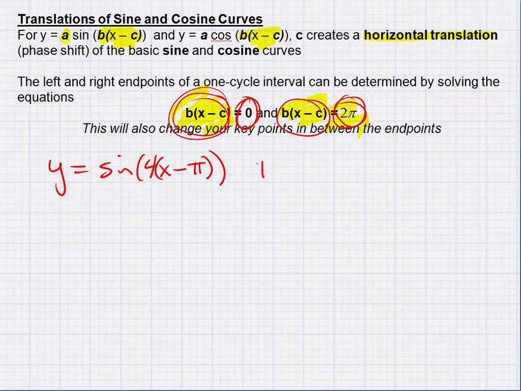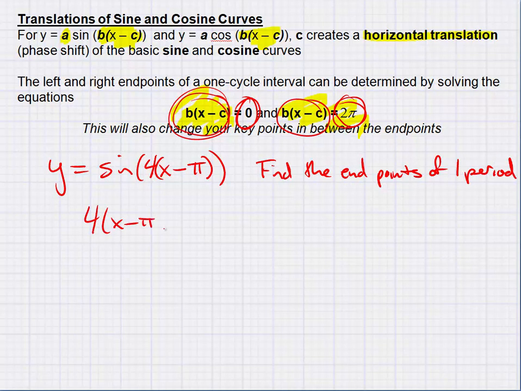And I said find the end points of one period. So I'm going to take this 4 times (x minus pi), set it equal to 0, 4 times (x minus pi), set it equal to 2 pi, and solve these two equations. That's where my new endpoints are going to be for one period.